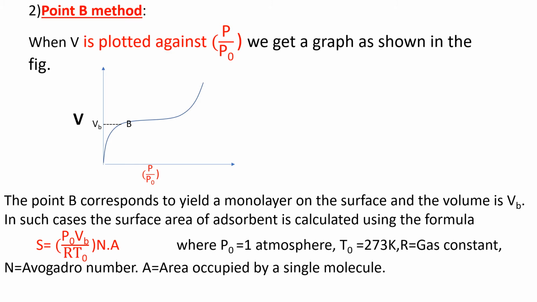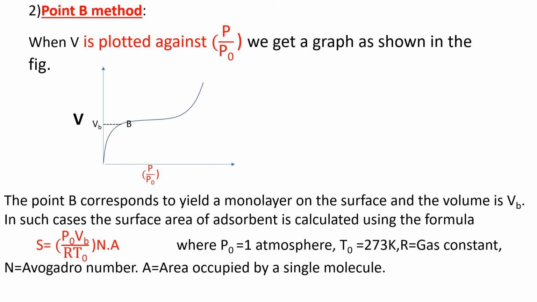S is equal to P0 VB divided by R T0 N A. In this equation, substitute the VB value and the P0 value, that is 1 atmosphere, and the T0 value, 273 degrees Kelvin, and the R value, the gas constant, and N, the Avogadro number, and A, the area occupied by a single molecule.